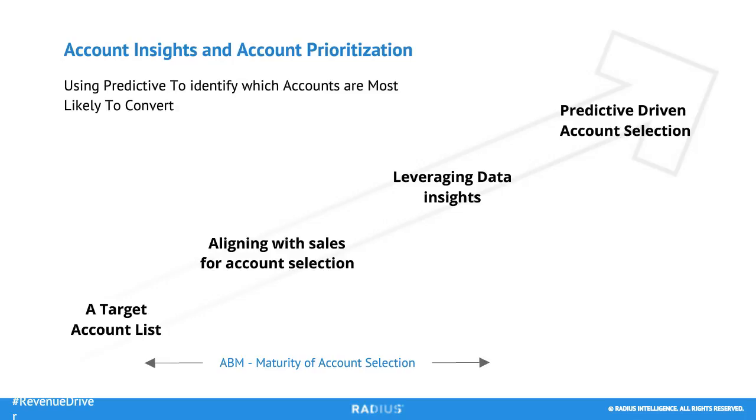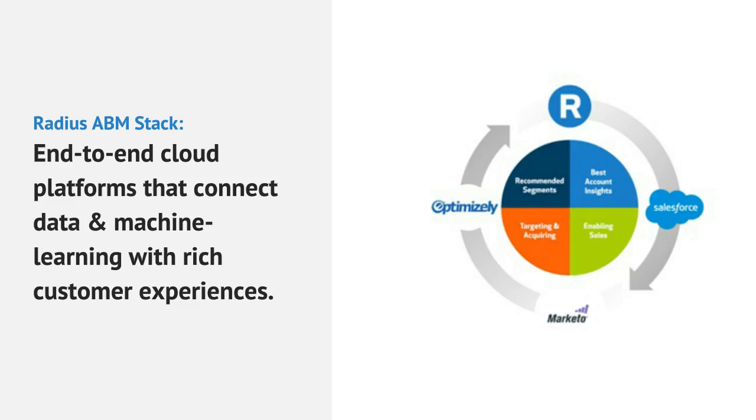An important part of operationalizing this is making sure that you have the right tech stack in place. Lots of vendors are out there trying to tie into the ABM tech stack. This is, at the core, what our Radius ABM tech stack looks like from just our core elements.